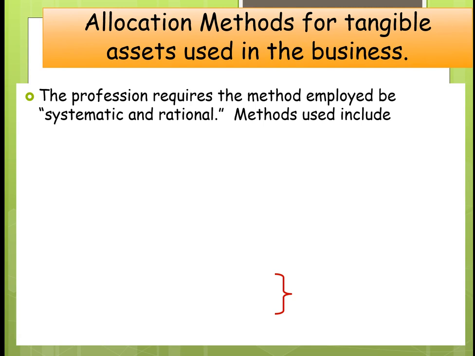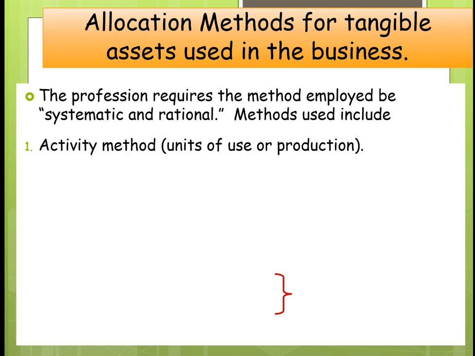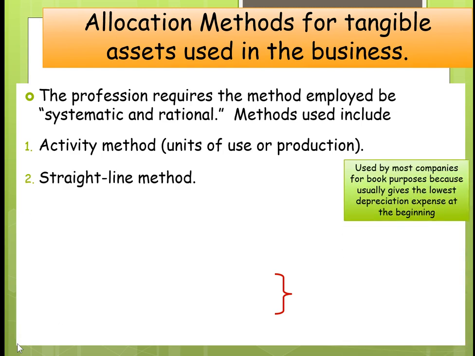Now, we have these methods. The requirement is that it has to be systematic and rational. And when you go out and work in accounting, you'll find that there's all kinds of methods. There's activity-based. This is units of production or units of activity. Straight line, this is the one that's used by most companies because it's so easy, and normally they don't assume a salvage value because who keeps track of that stuff.